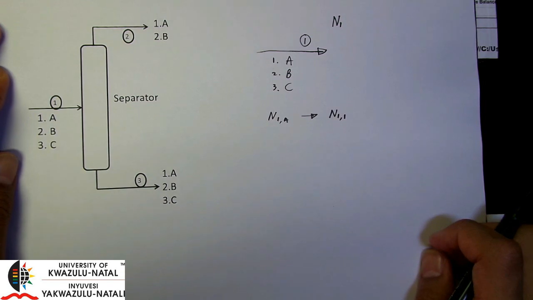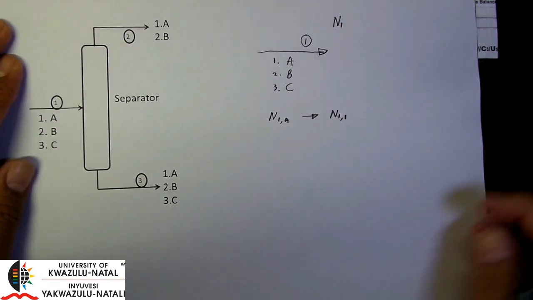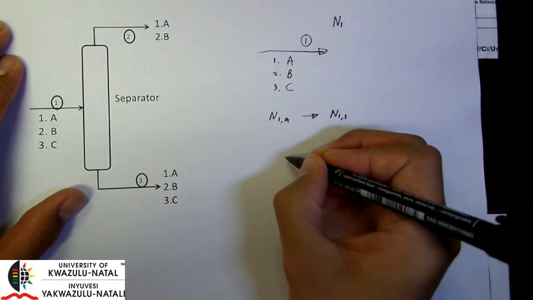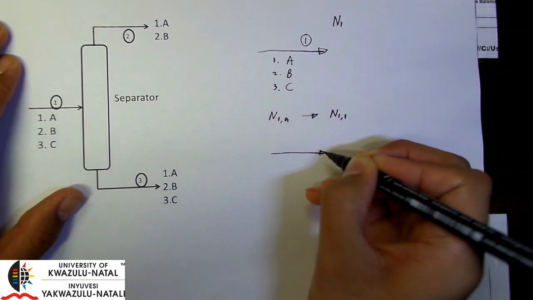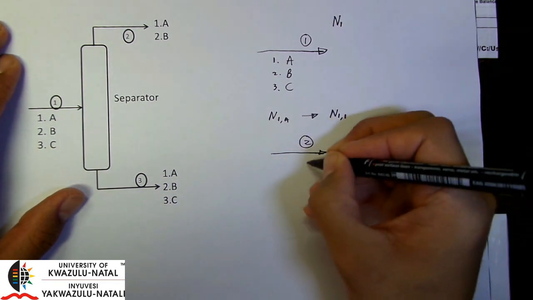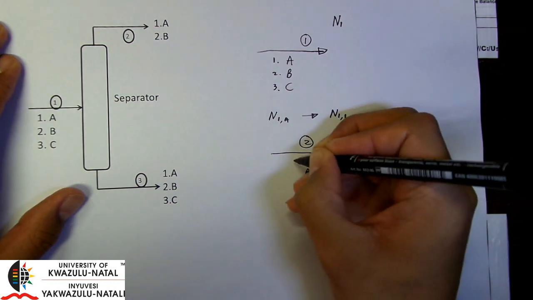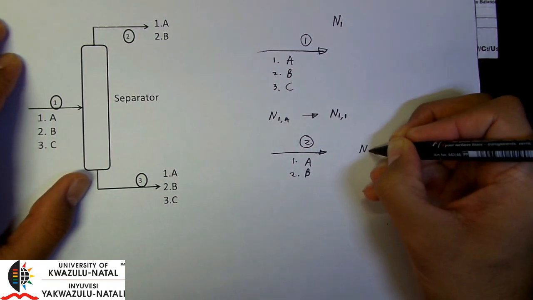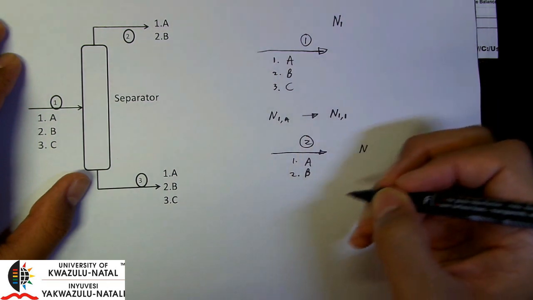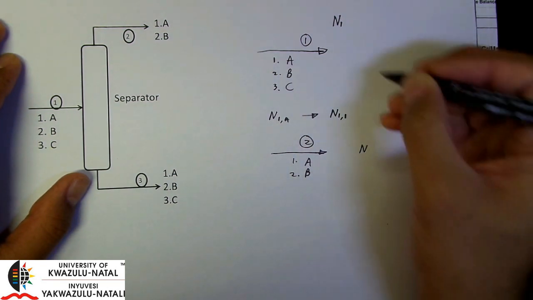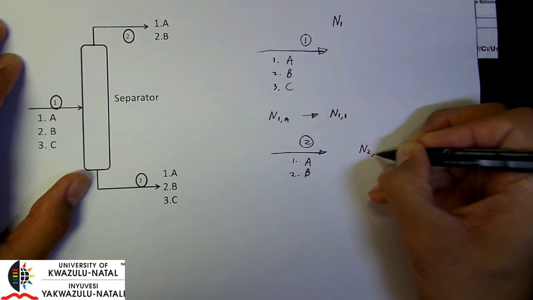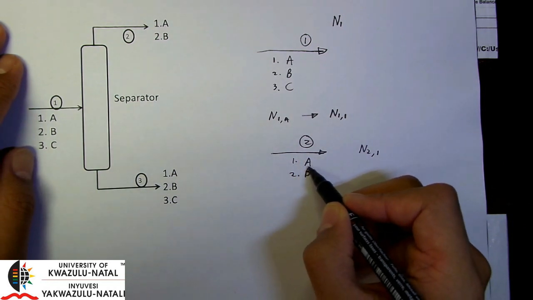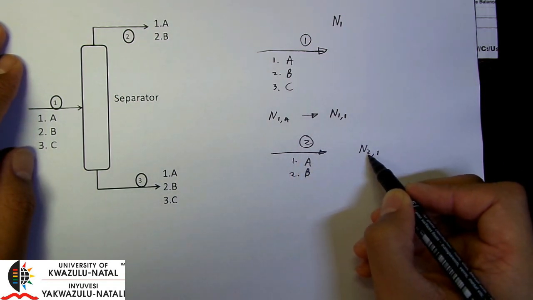Okay, so that is our notation for flow. If I look at, for example, stream 2, that's stream 2 with A and B. Then N21 would denote the flow rate of component A or component 1 in stream 2.